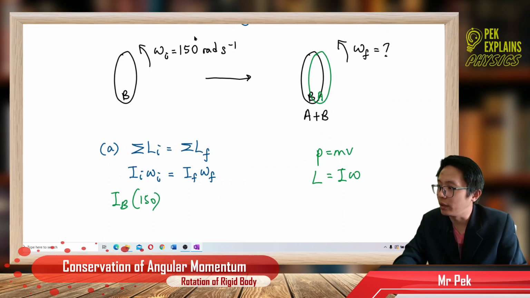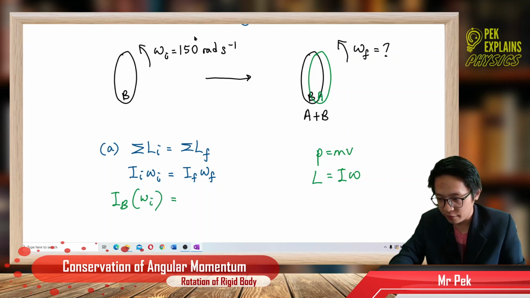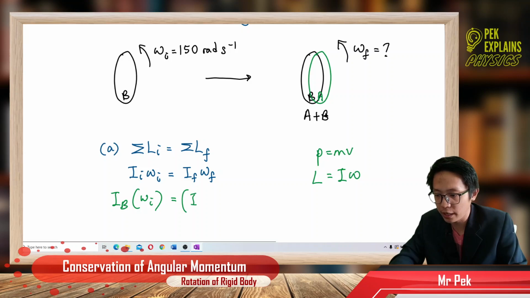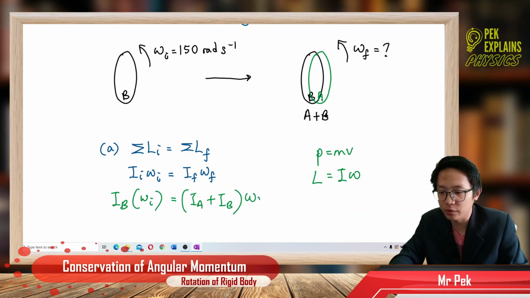Never mind, I don't want to put in the value first, just put omega I. And then the final moment of inertia is the combined one. They combine together, so we have IA plus IB, their moments of inertia added together. And then we want to find omega final, isn't it?